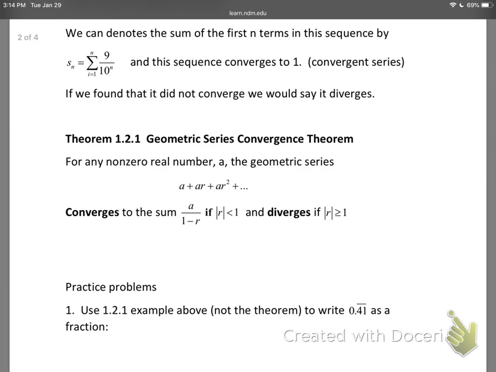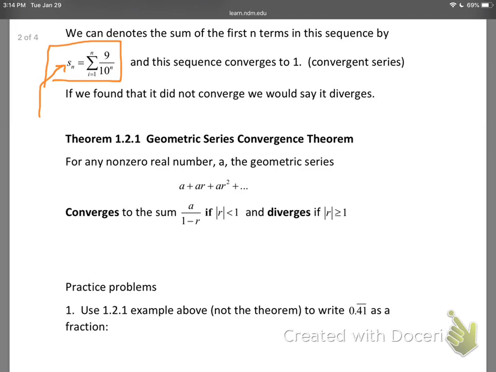Alright, so we can denote the sum of the first n terms in the sequence by this expression. The Sn means that we are taking a partial sum. Partial sum, we're not taking it all the way to the end of the sequence. This is a summation called sigma. It looks like a fancy E. So i starts at 1 and it goes to n.